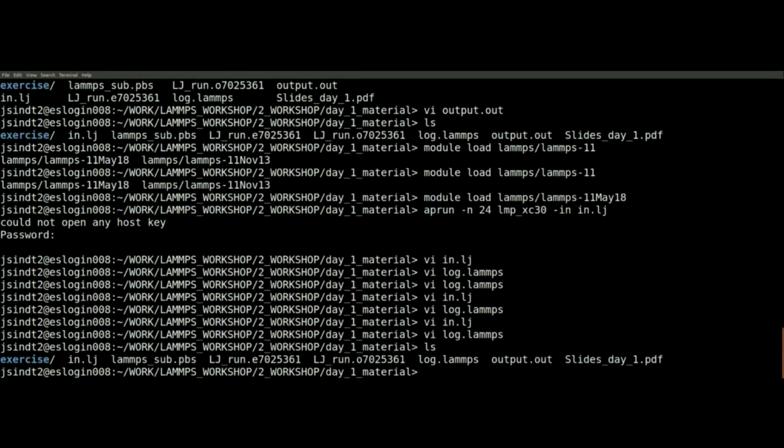Regardless of whether or not you name it, you can name your log file, but if you do not, LAMMPS will always output to this file, log.lammps, which I'm currently highlighting just to show which file it is. Furthermore, it will automatically output everything to screen. In this case, I made sure that everything that is output to screen went into output.out instead.